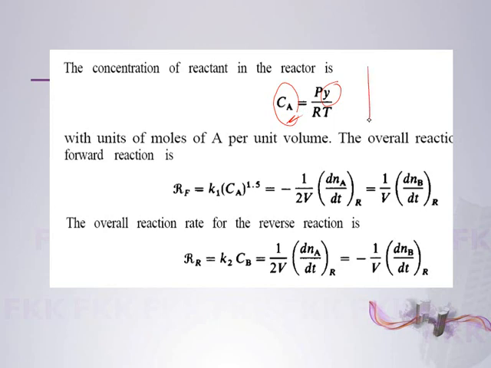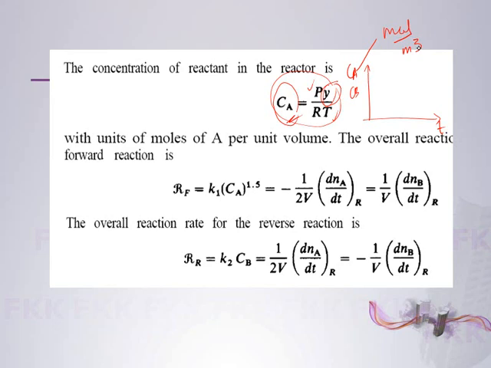So in order for you to monitor your Ca and your Cb with time, this is how you calculate it. You have your P, you have your T, then you calculate your Y, then you get your Ca. This one is in mole per meter cube, which makes more sense, units of moles of A per unit volume.